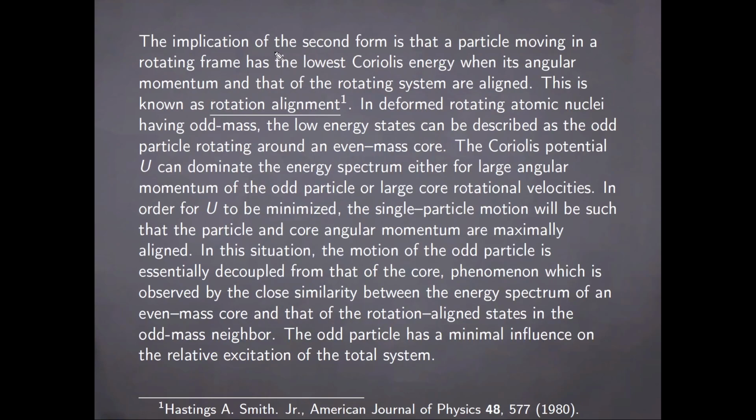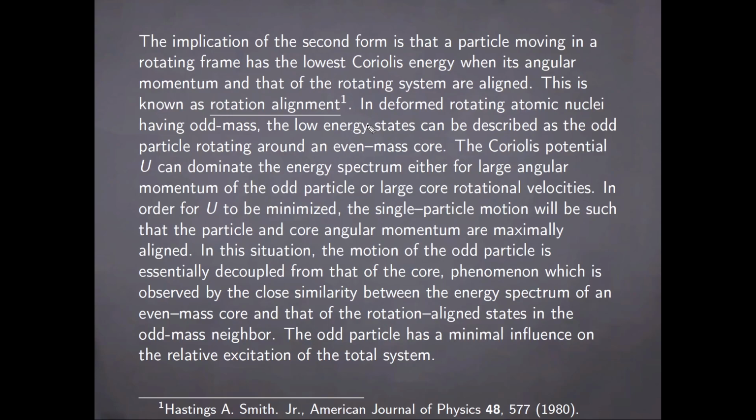The implication of the second form is that a particle moving in a rotating frame has the lowest Coriolis energy when its angular momentum and that of the rotating system are aligned. This is known as rotational alignment, and it is discussed in a short article in the American Journal of Physics given here, and this discussion is the basis for the presentation that follows.